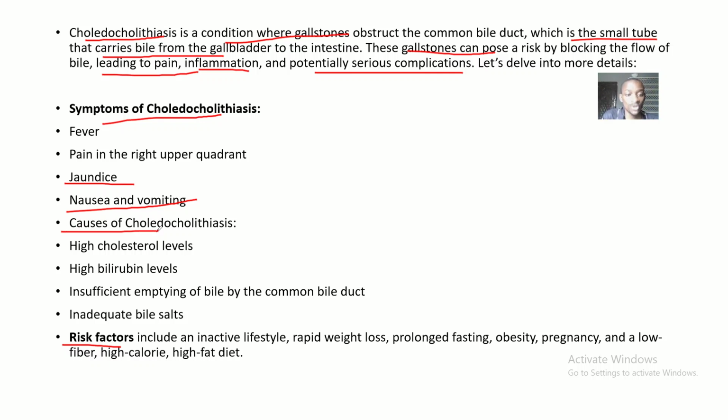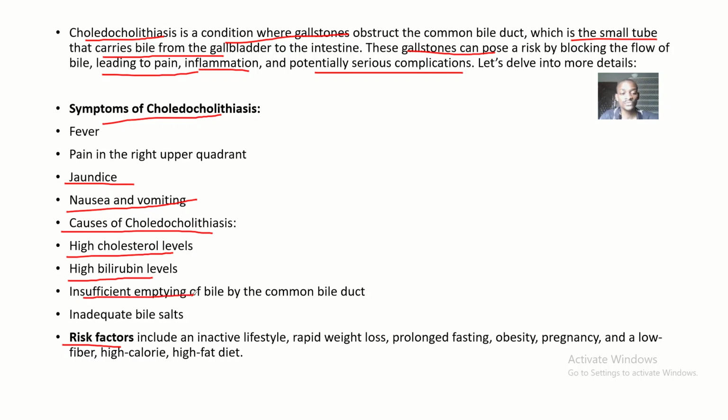So yeah, what are the causes of choledocholithiasis? I didn't bold this, so I felt it was an all-round symptoms. So what are the causes of choledocholithiasis? When there's high cholesterol level in the body, it causes choledocholithiasis. If there's high bilirubin levels in the body, it causes choledocholithiasis.